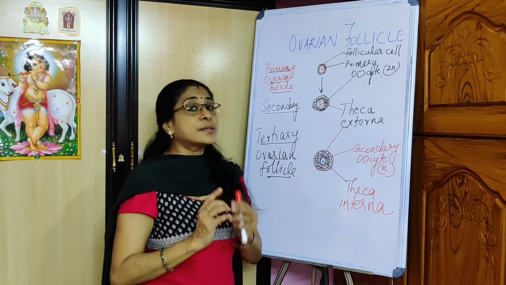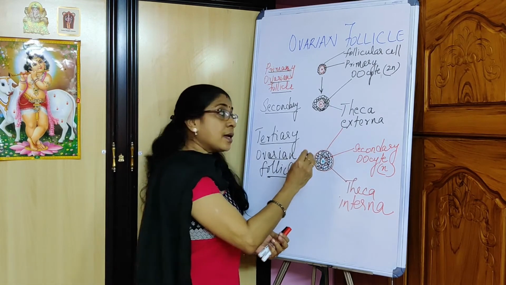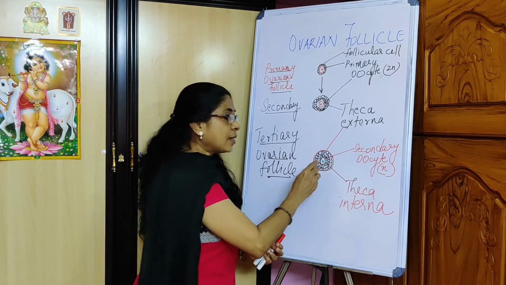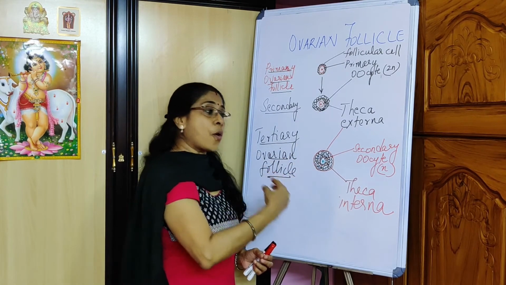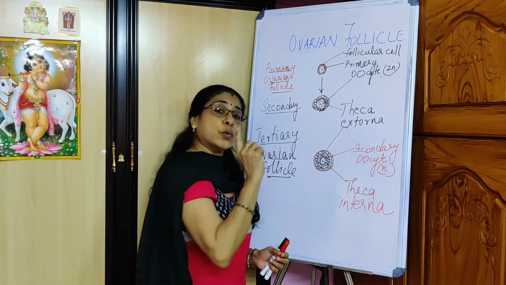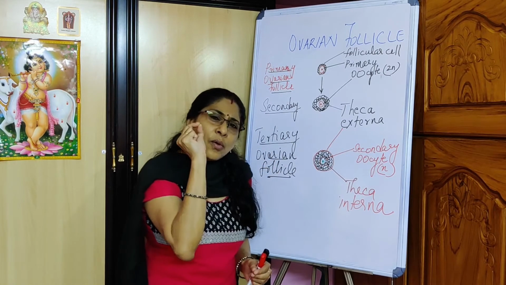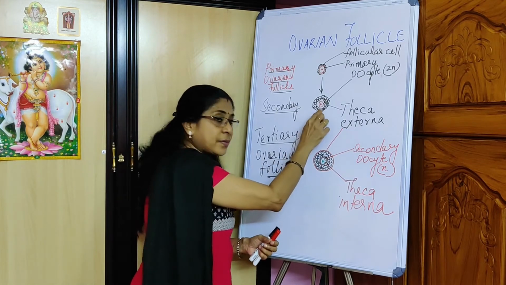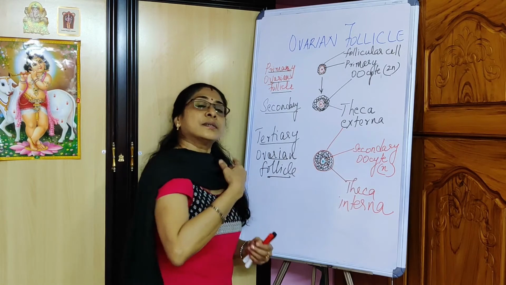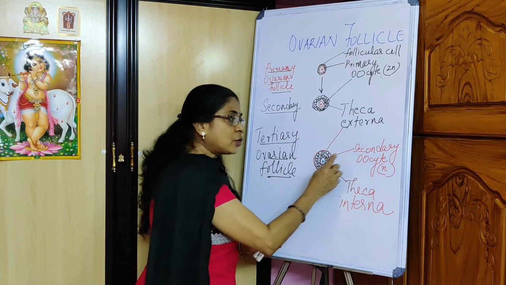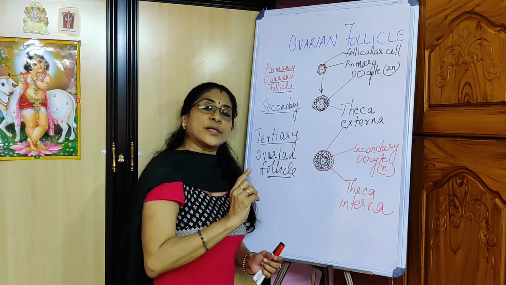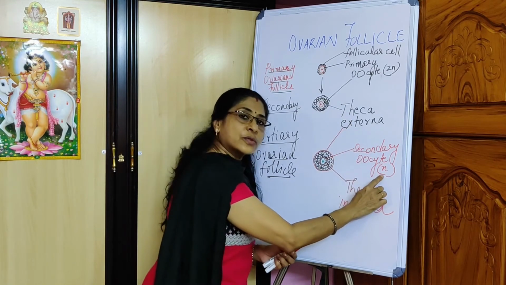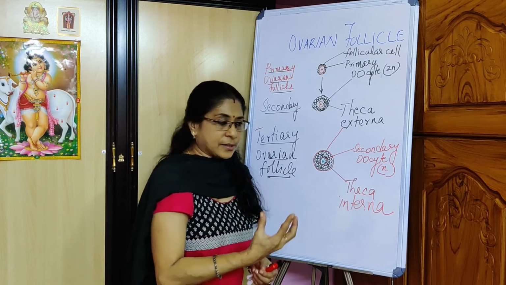Remember, meiosis 1 is a reduction division. When the primary oocyte undergoes reduction division, one secondary oocyte and a small cell called the polar body are formed. So the primary oocyte is now dividing into the secondary oocyte. Obviously, what would be the chromosome number? Since it's a reduction division, the chromosome number would be haploid.